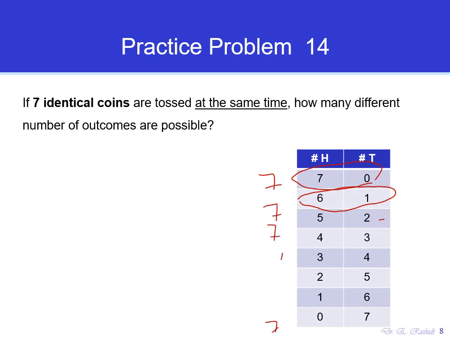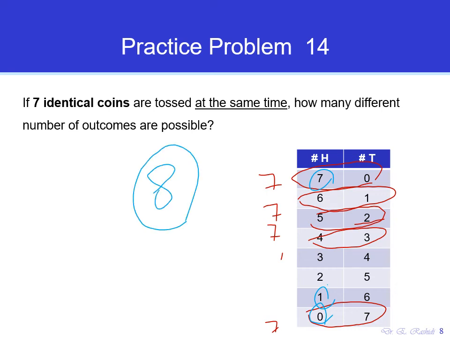You can get 5 heads and 2 tails, 4 heads and 3 tails, and so on up to 0 heads and 7 tails. If you count these up, it's going to be 8, because you have 0, 1, and then up to 7. So there are 8 total possibilities.